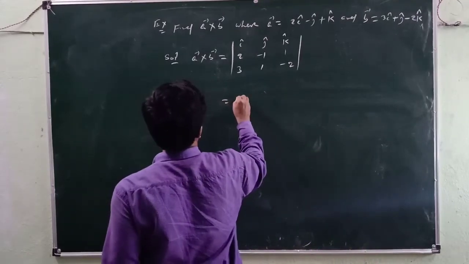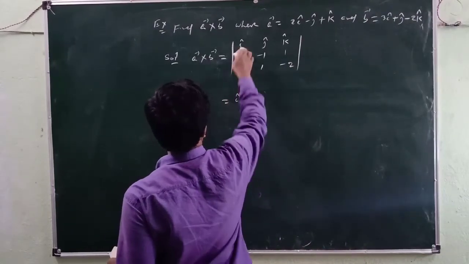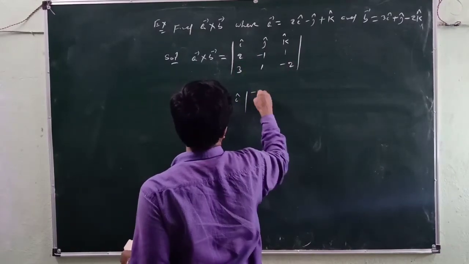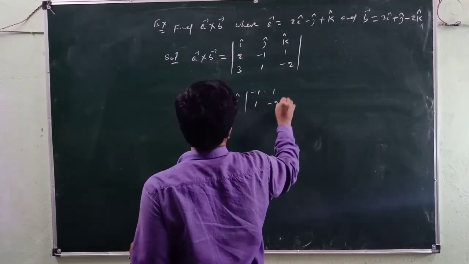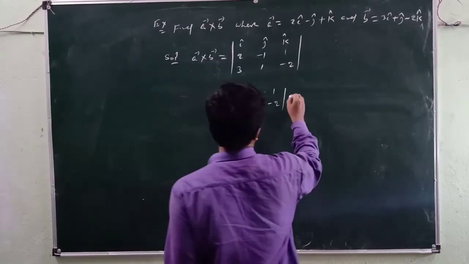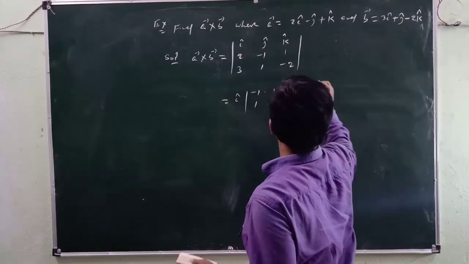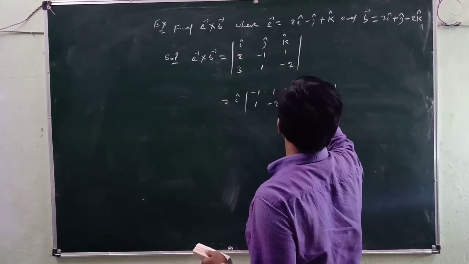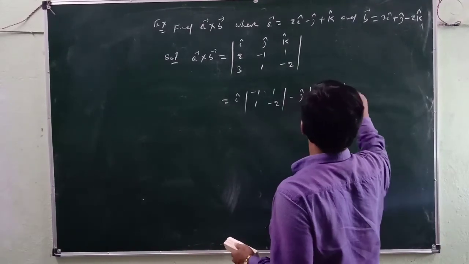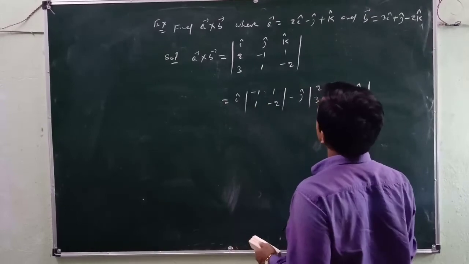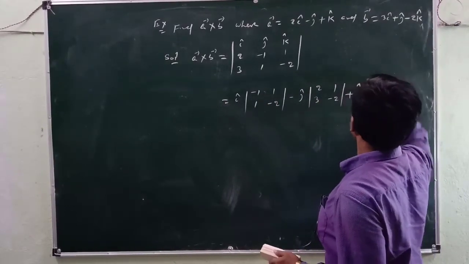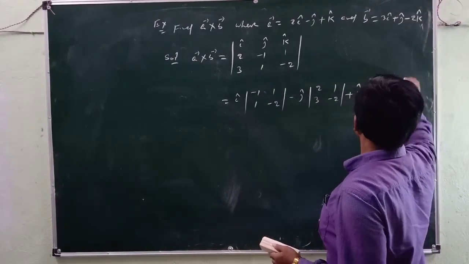So it will be i cap into the minor of i cap. Here the minor of i cap will be the determinant of minus 1, 1, 1, minus 2. Then minus j cap into the minor of j cap, which is the determinant of 2, 1, 3, minus 2, plus k cap into the determinant of 2, minus 1, 3, 1.